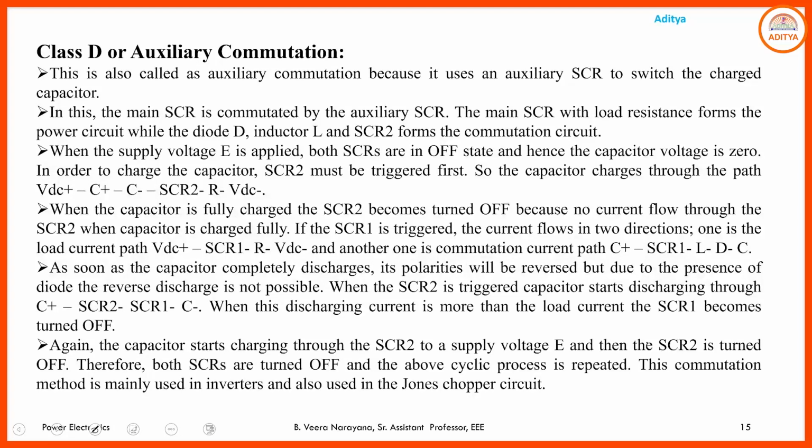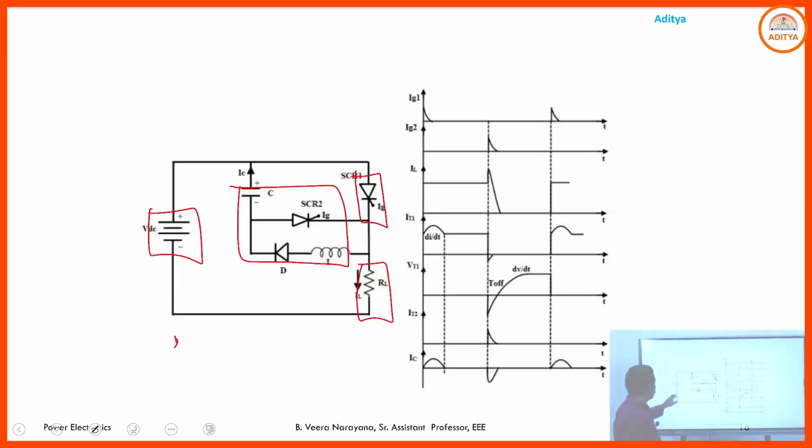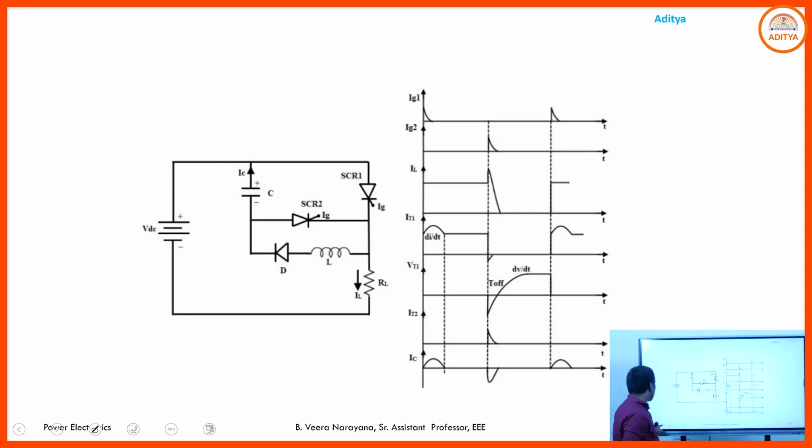And so when the supply voltage E is applied to this circuit, initially both the SCRs are in the off state.